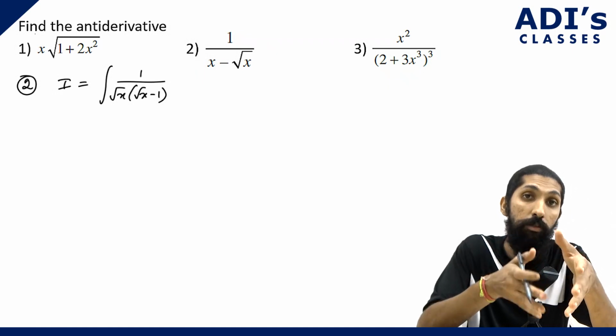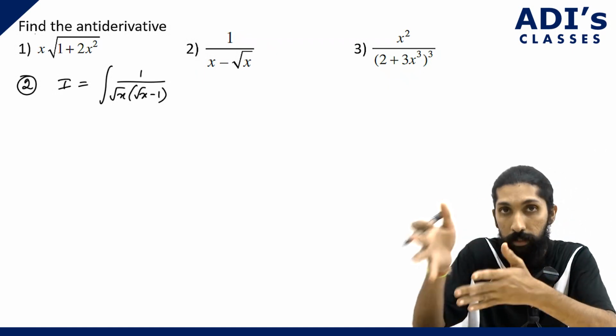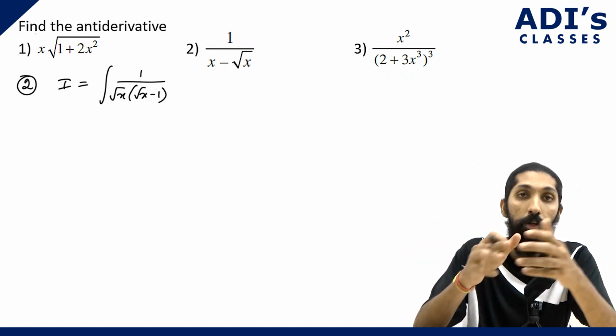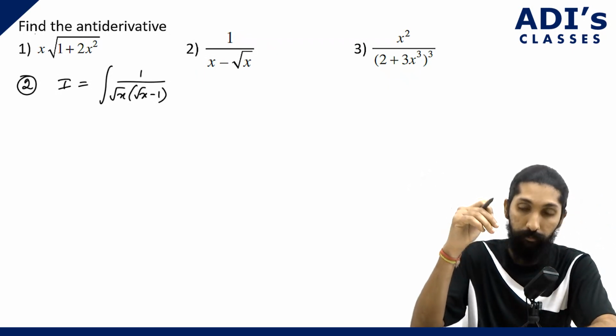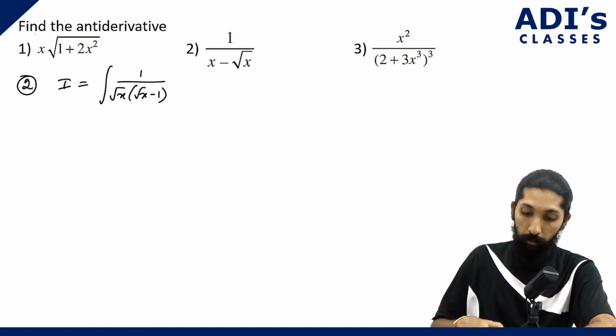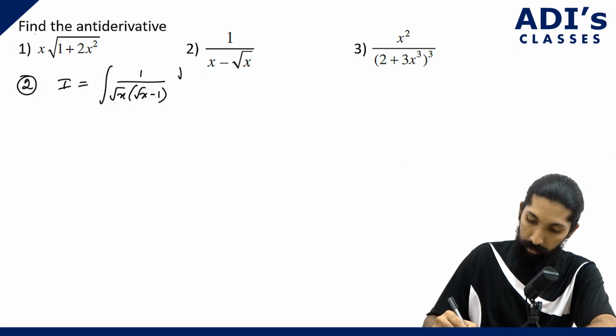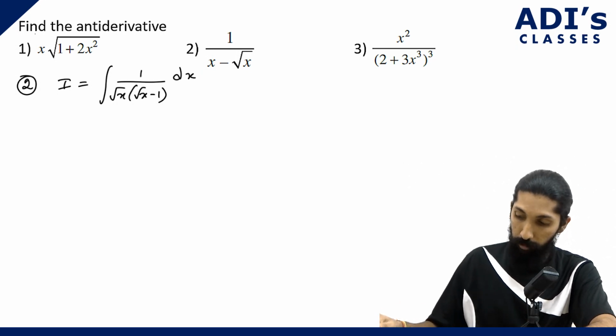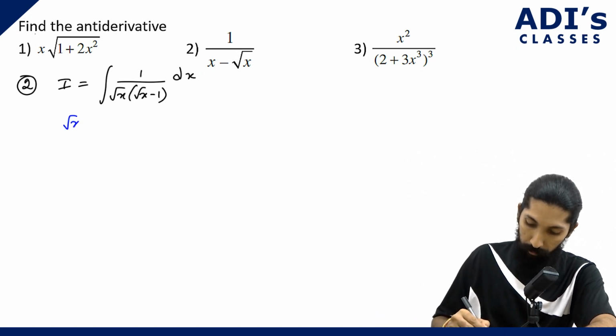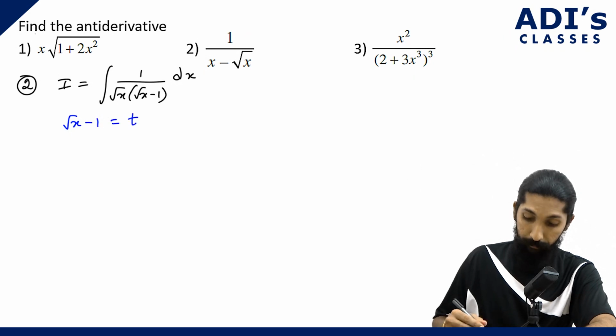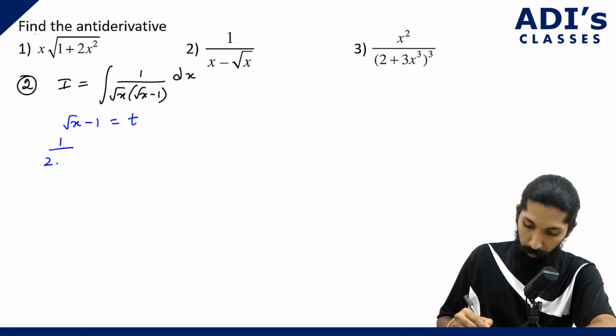Like, okay, is this going to be easier for me or is this going to be easier for me? Use that and then proceed. So for this one, of course, we have a dx here. Suppose you take root x minus 1 as t, then 1 by 2 root x dx is equal to dt.